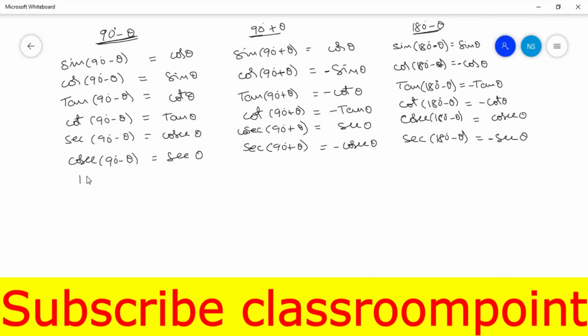Next we will see for the angle 180 degrees plus theta. Sin of 180 degrees plus theta is equal to, if there is 180 we should write same function. Remember that, sin theta. 180 plus theta belongs to third quadrant.